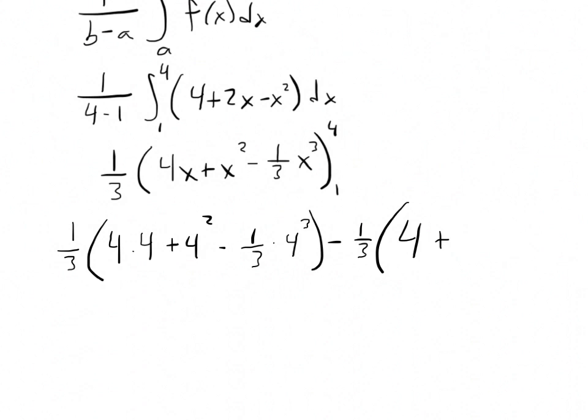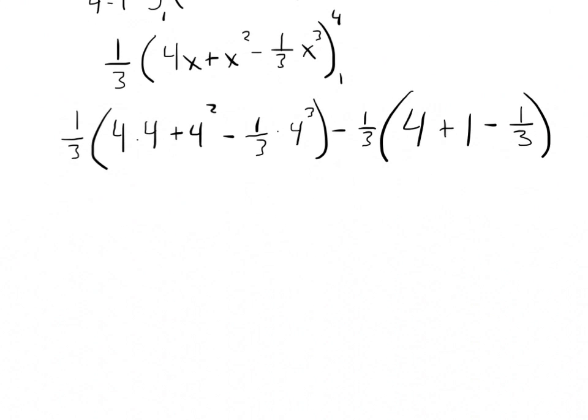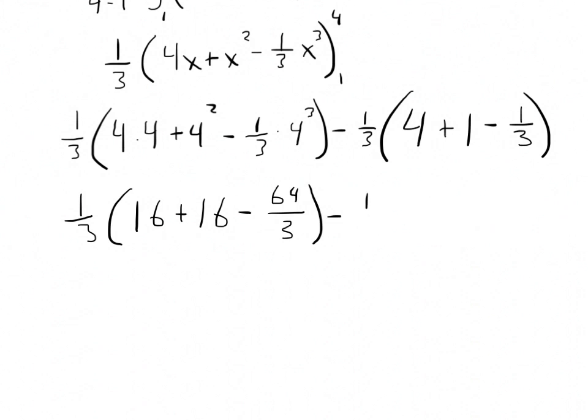So that'll be 4 plus 1 minus 1/3. I'm kind of just mentally doing that rather than writing them all out. This now gives me 1/3, 16 plus 16 minus 64/3 minus 1/3. This is going to be 5 minus 1/3.